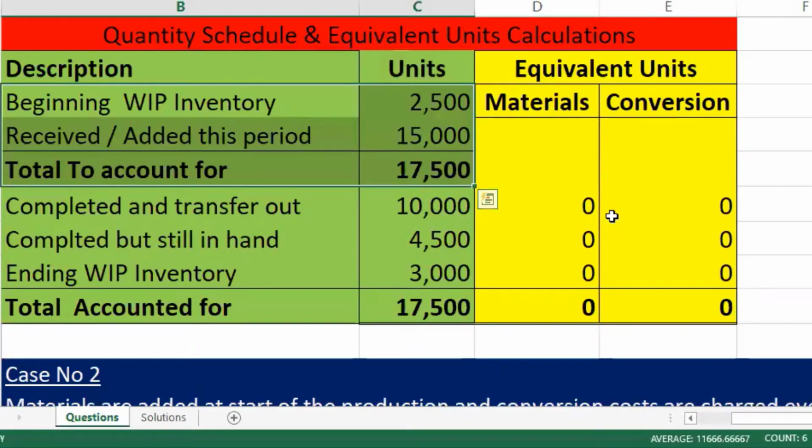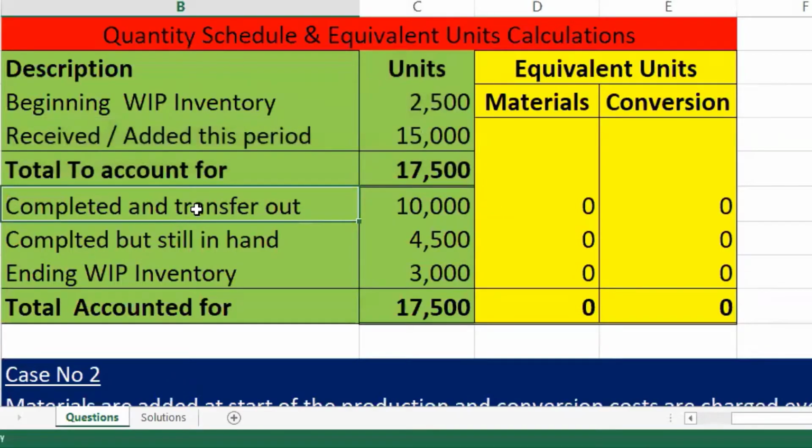Okay, then what is the logic behind the calculation of equivalent units? If we have completed units, what is the situation of the units with respect to material and conversion regarding equivalent full units?